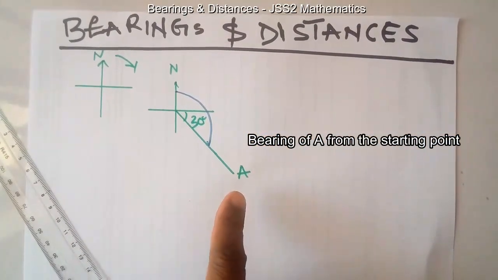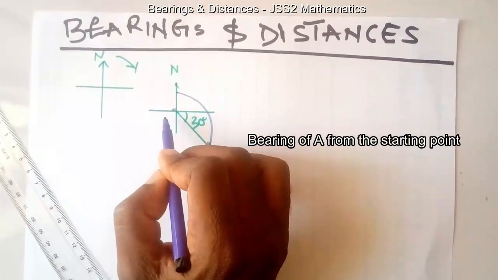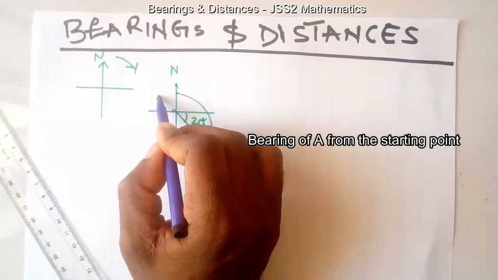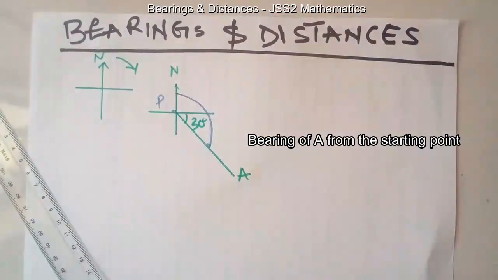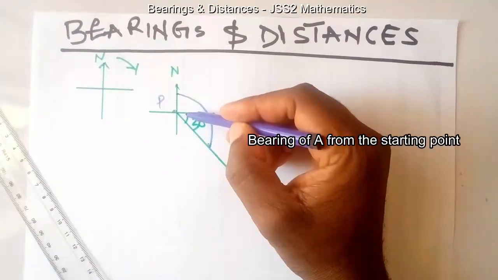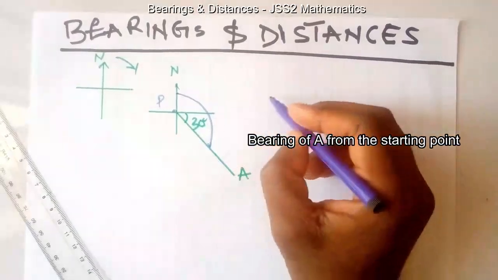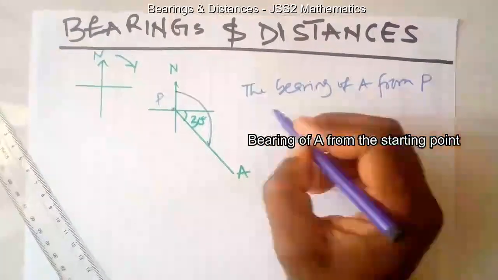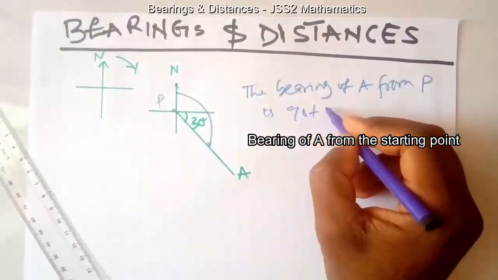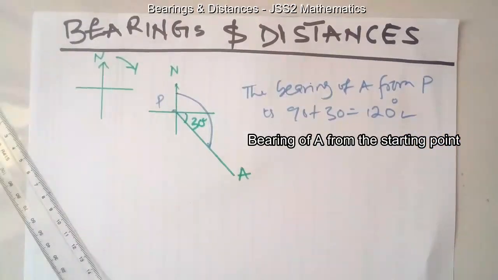So the bearing of A from this starting point, let the starting point be P, the bearing of A from P, from here to here is 90. 90 plus 30, that is 120 degrees. That is how we measure bearing.